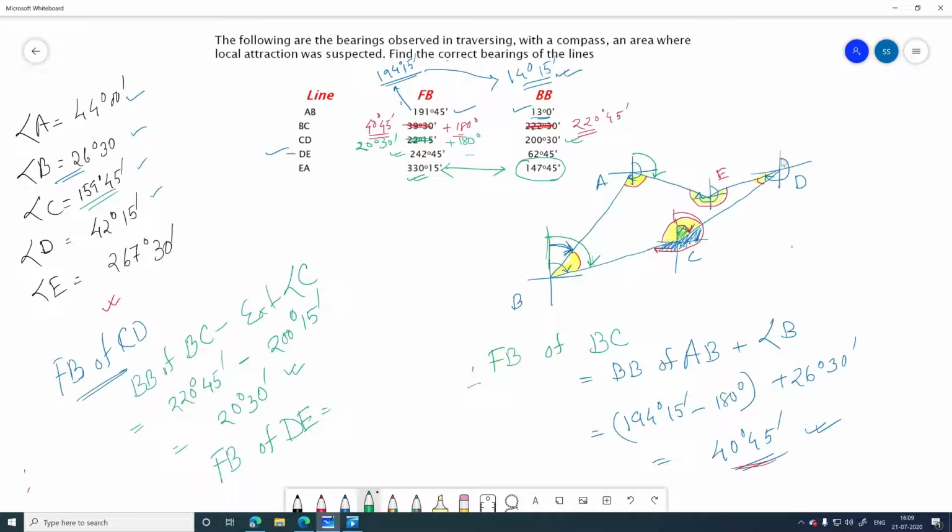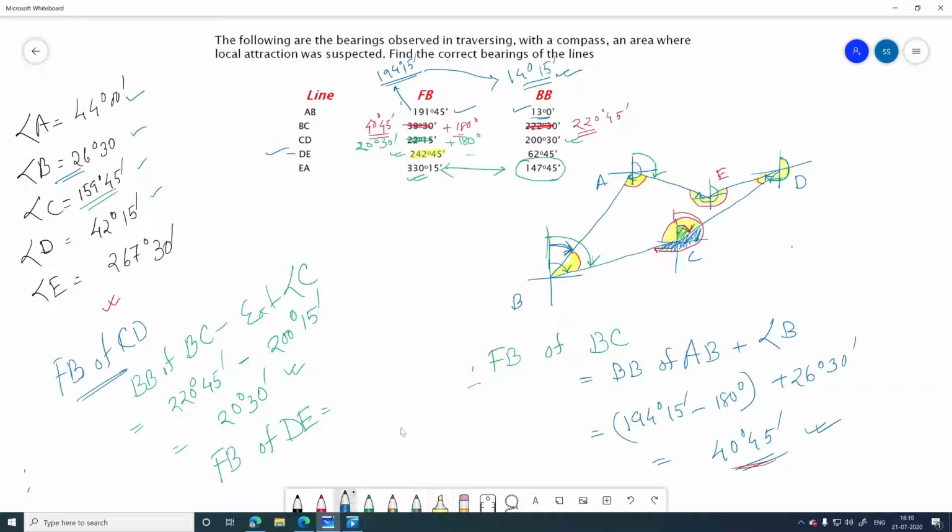Back bearing of CD means what? This total angle up to this point. So back bearing of CD is just up to this line, right? Just mark the color up to this point. Now if you add the interior angle to this bearing, the back bearing of CD, that should equal 242 degree 45 minutes.